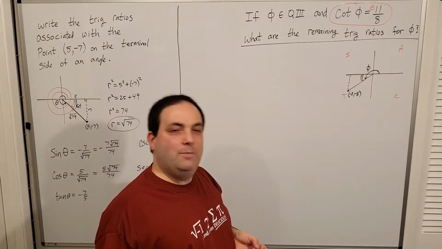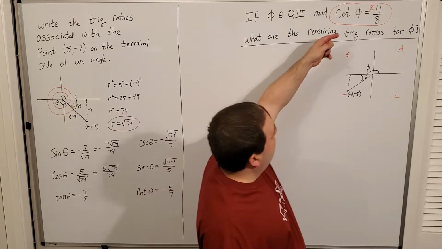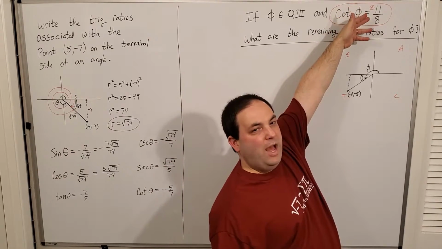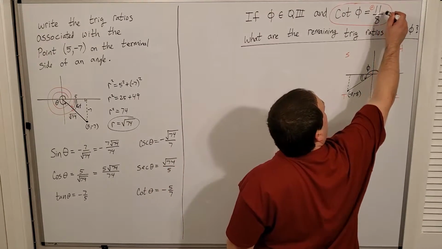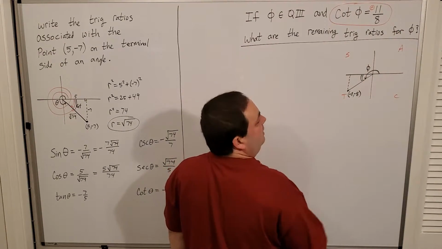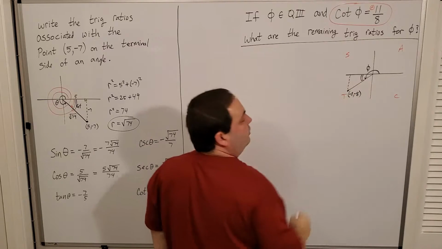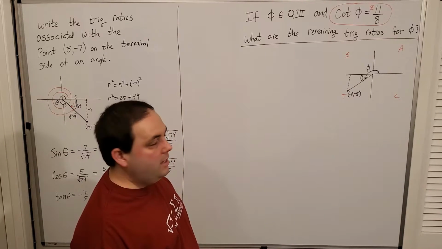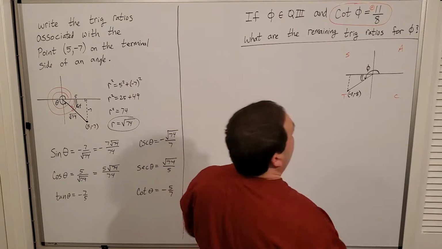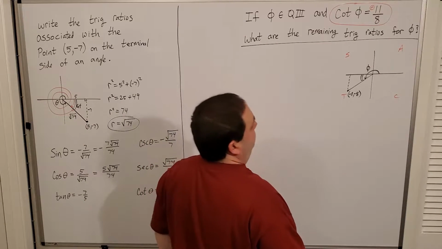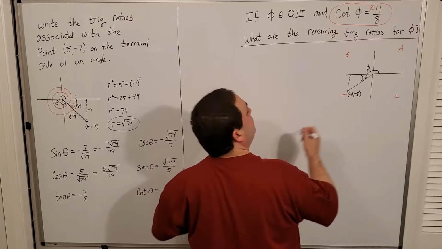They both have to be negative. It's just that the division of 2 negatives gave me a positive here. So I know that since this is x over y, it should technically be negative 11 over negative 8. Okay, so therefore I can label my triangle using that information.